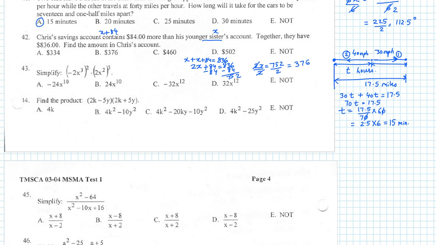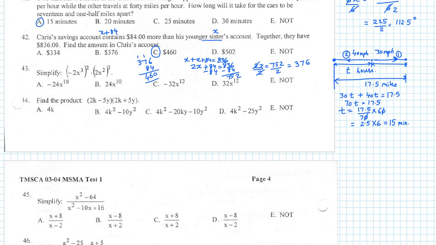So that will give us the value of the younger sister's account. Now Chris's savings account has $84 more than x. So we need to add 84 to 376. That will give us $460. So C is the correct answer for question 42.